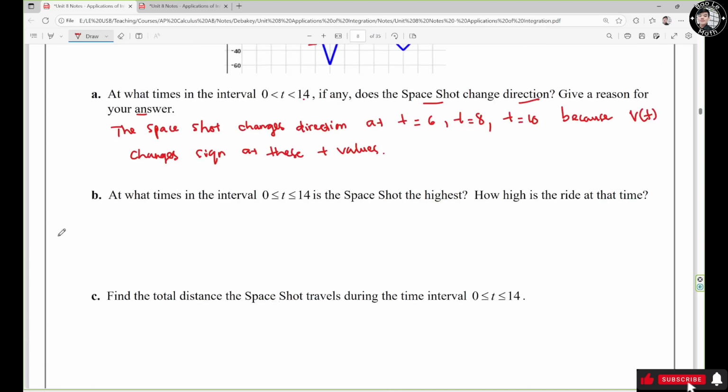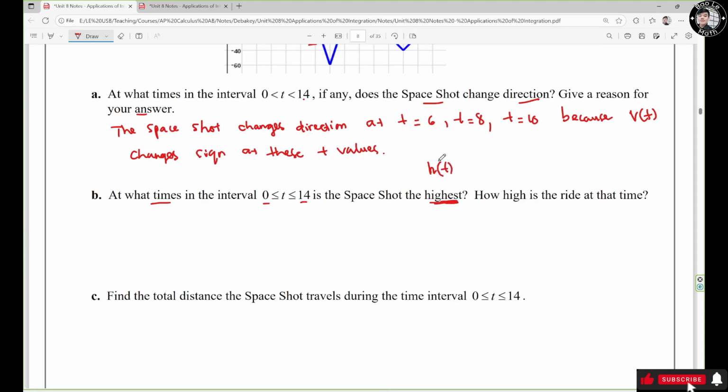Let's move on to question B. At what times in the interval 0 to 14 is the space shot the highest? So we're going to talk about the position function. I call the position function h of t.